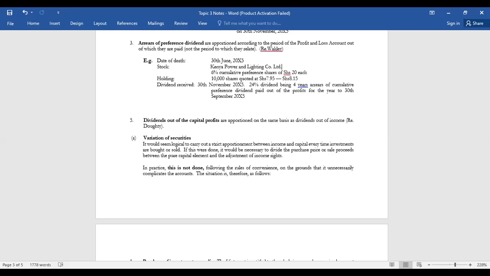It is being paid until 30th November, so we are talking of 11 over 12. Sure, yes, it is 2,200.